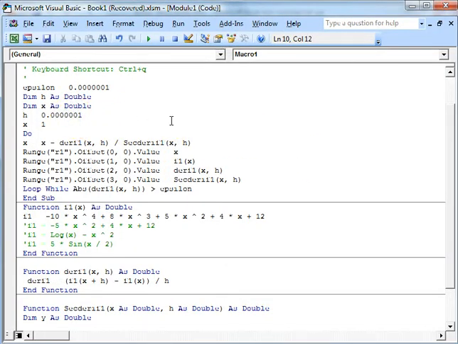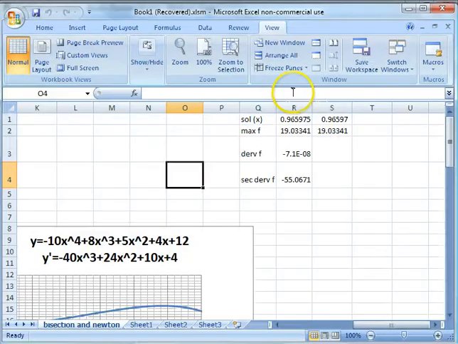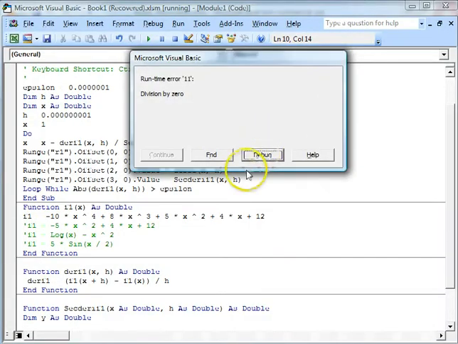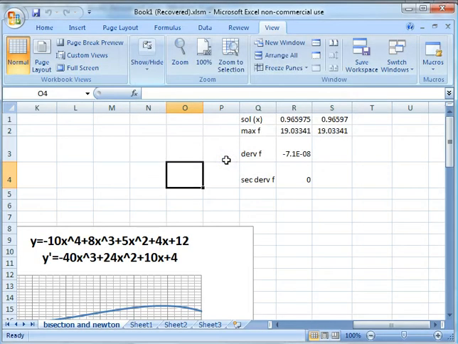But if I try to increase the precision of my derivative by adding more digits here, and I try to run the code, I'm going to have an error, a division by 0, because the second derivative is not able to be computed.